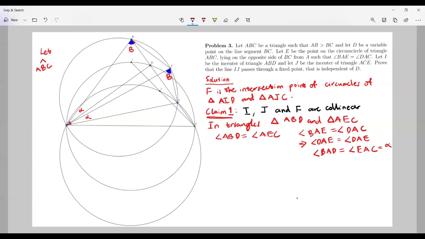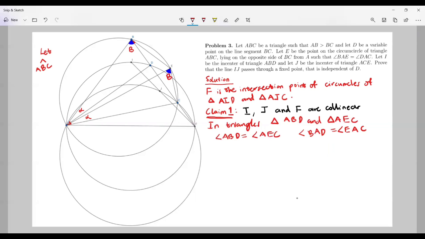Okay, so that's cool. So let me just erase this because we're going to be working with a small space here. So BAD equals EAC.